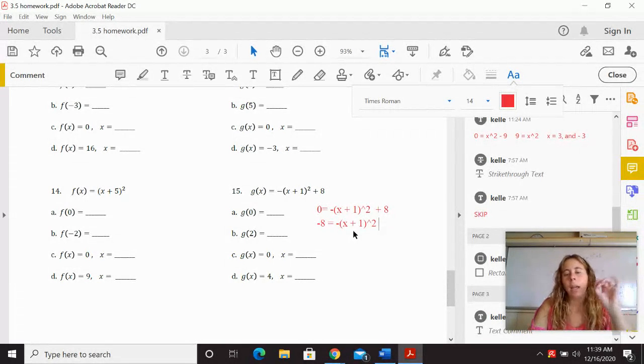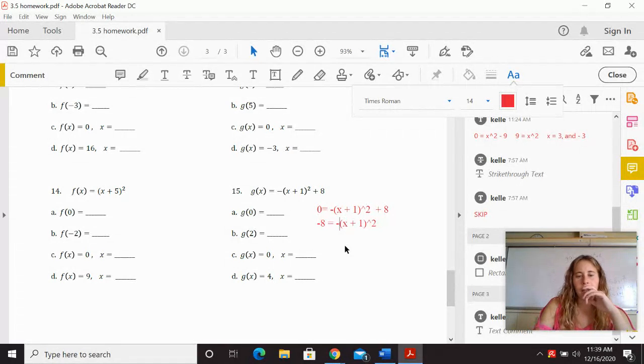Now, some of you will want to distribute this negative sign. You can't do that because everything in this parenthesis right now is being squared. You would have to multiply this out, and then you could, but that doesn't help you get closer to the answer. There is an invisible 1 here.